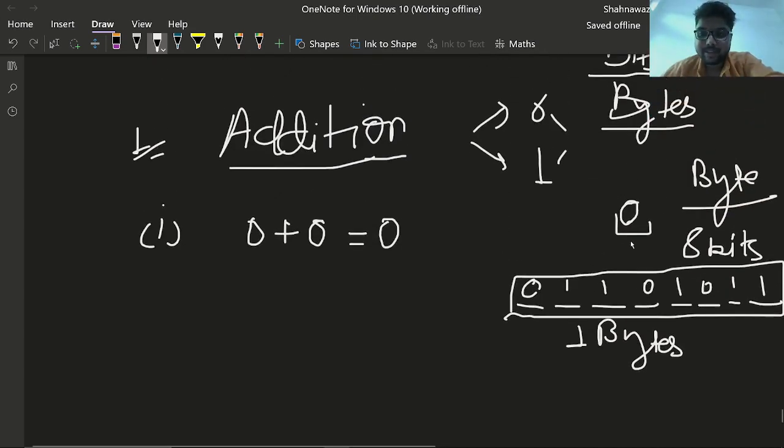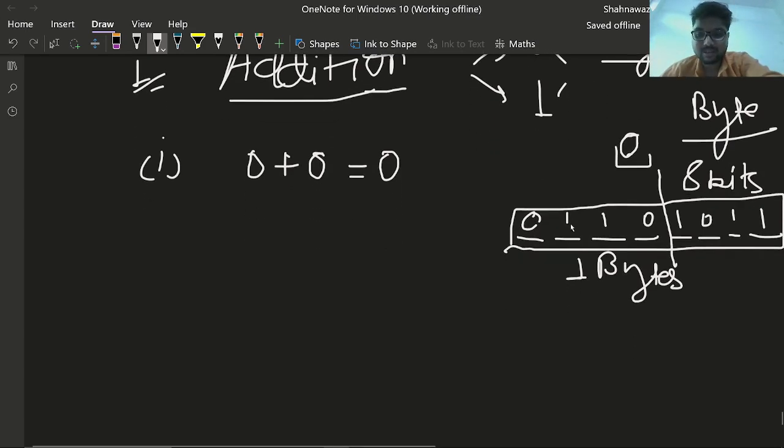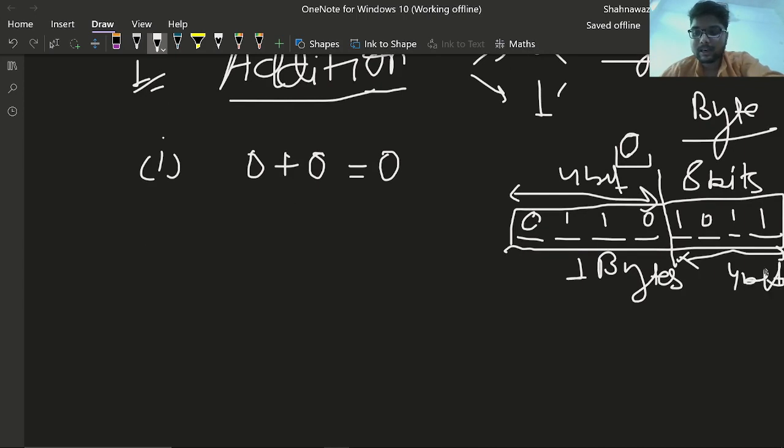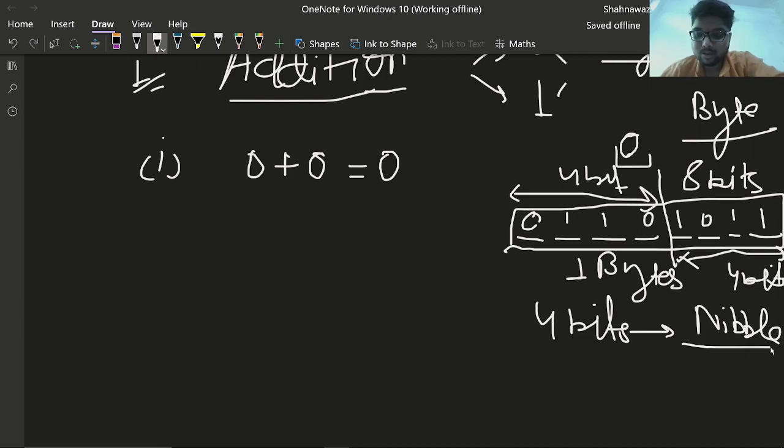There is one more concept. When we divide this byte into equal halves, how many bits are here? 4 bits. And here? 4 bits. A collection of 4 bits is known as a nibble.